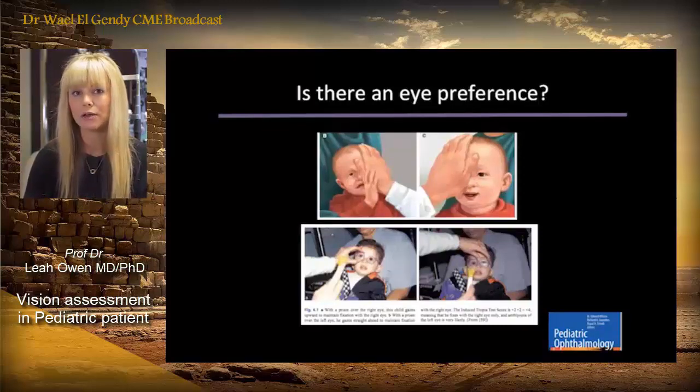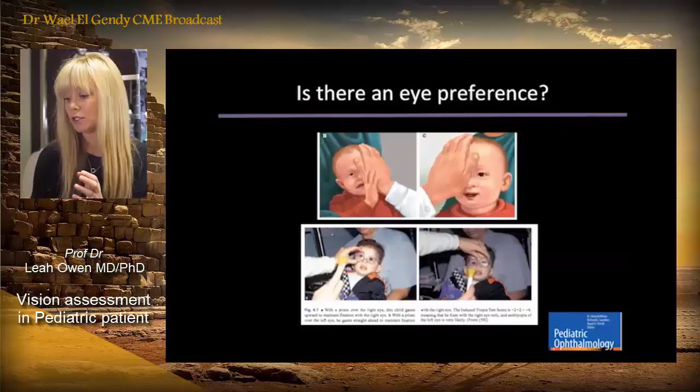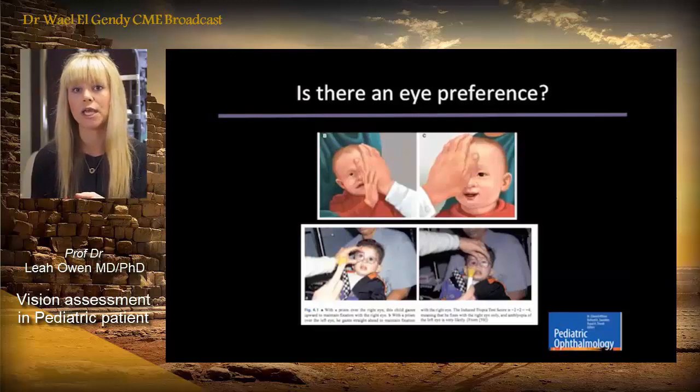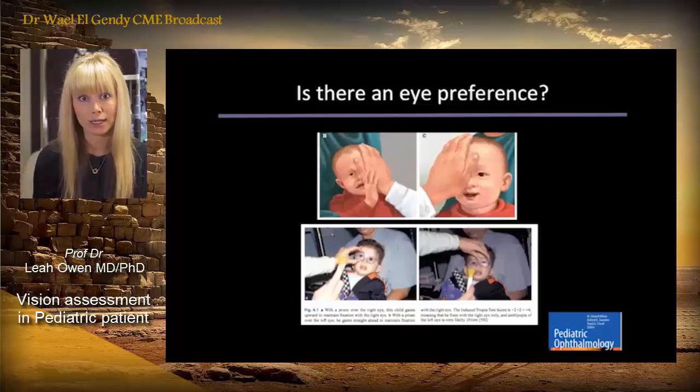Another way to sort this out is to essentially give the child double vision, as you can see pictured in the lower image. And again, this is from Dr. Wilson's book. But this only works in a child who has straight eyes.